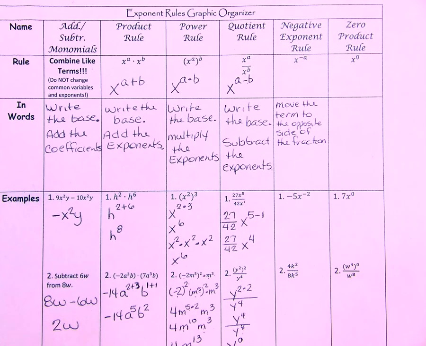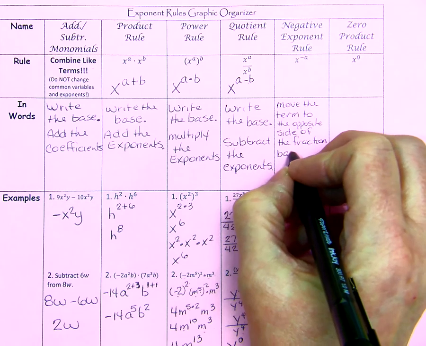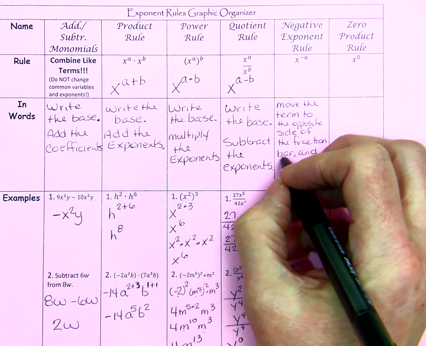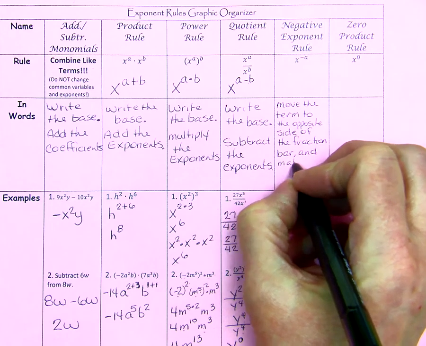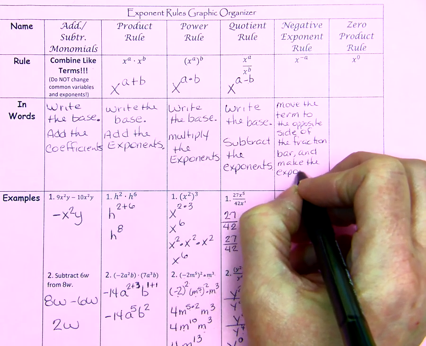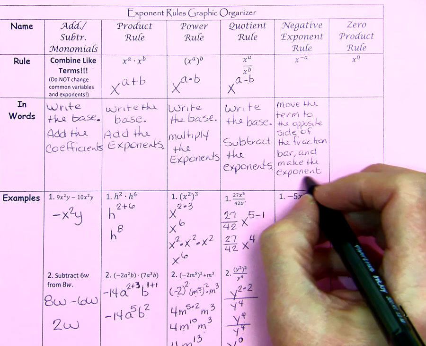Okay, so move the term to the opposite side of the fraction bar and make the exponent positive. The process of moving is what changes it from a negative to a positive.